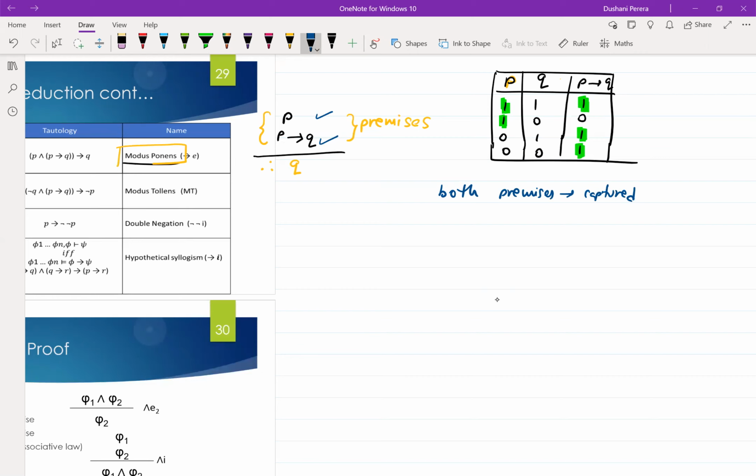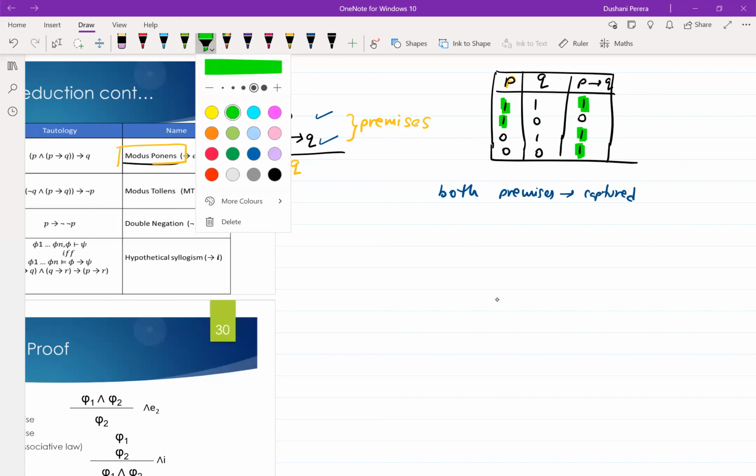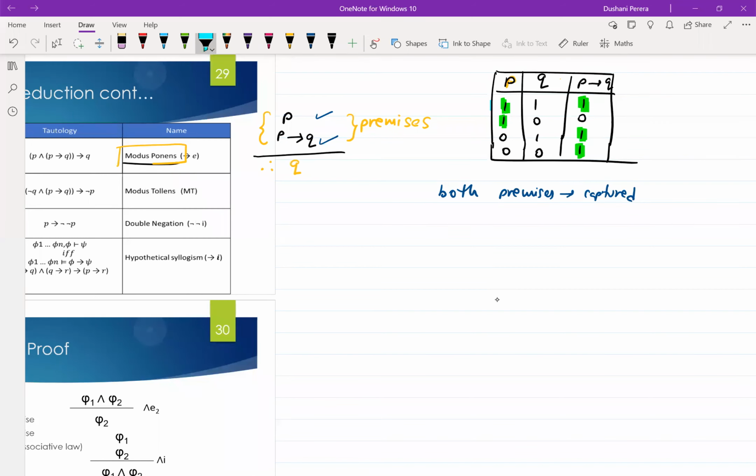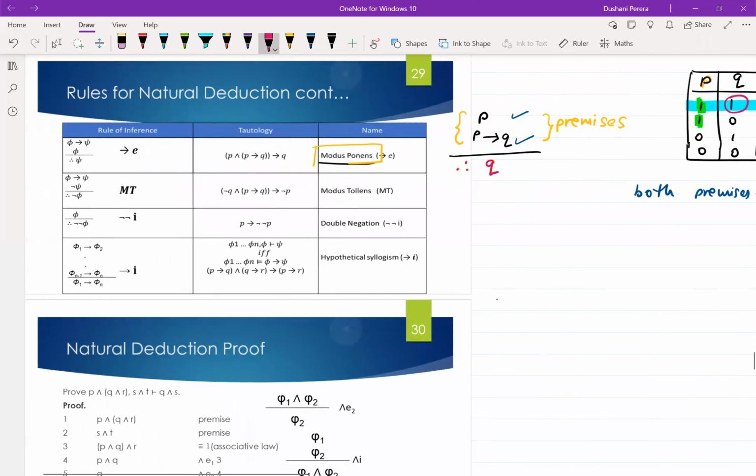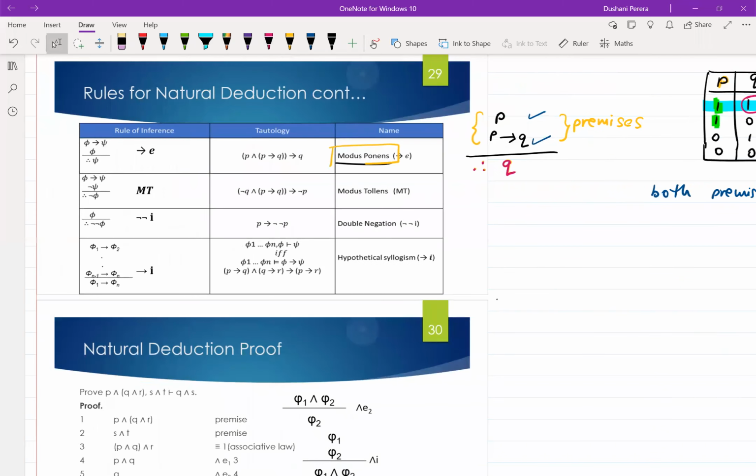Looking at this, the place where both are colored is this. So that tells us that Q is true. That is how the Modus Ponens rule works. Got it?